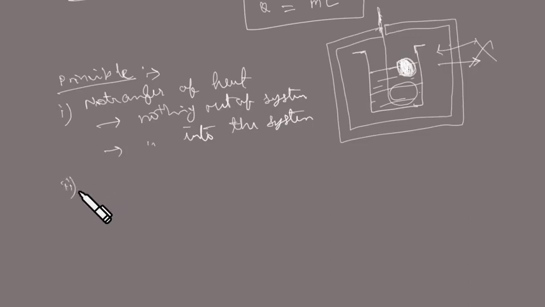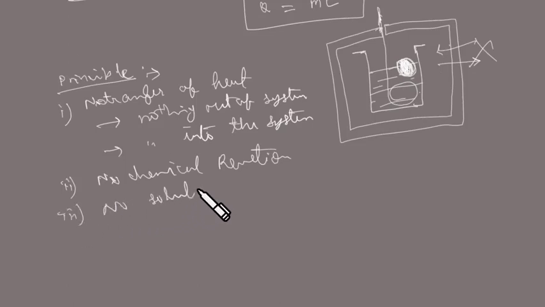Second principle is that no chemical reaction is happening. No chemical reaction must happen between the materials. Thirdly, no proper solution is formed between the materials that we use in the calorimeter.